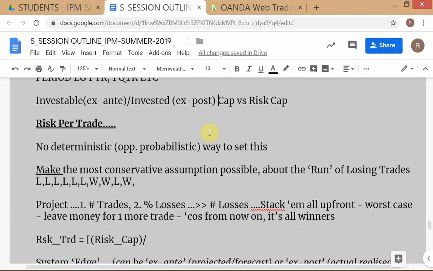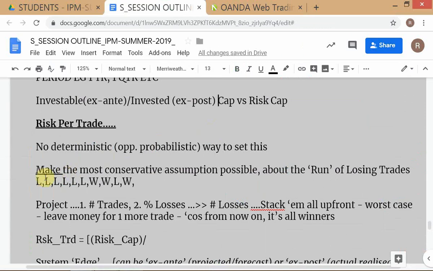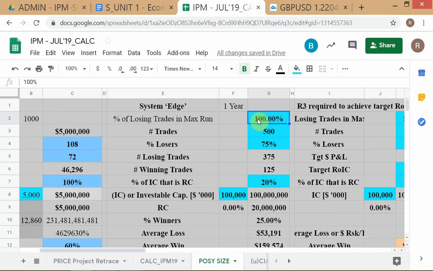Now, going back to the percentage of losing trades in the maximum run. There will be some run of trades as you are trading, or once you finish trading, you can see it. I've given some flexibility in terms of programming: even though your total number of losing trades is 375, you could be less than 100% conservative.